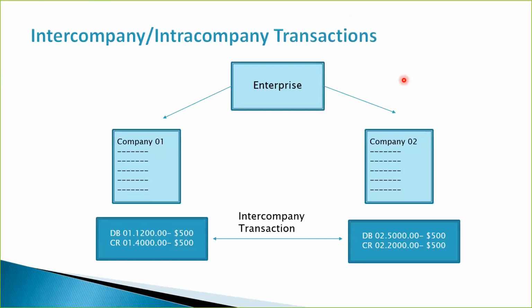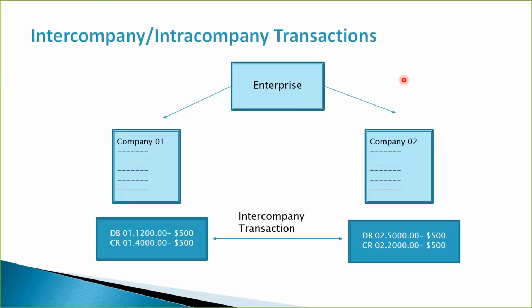So remember, as we said when we were doing consolidation, a company will trade with external entities, clients, maybe, to whom they are selling their goods or services, or will have vendors or suppliers from whom they purchase goods and services. So those types of transactions are external transactions.